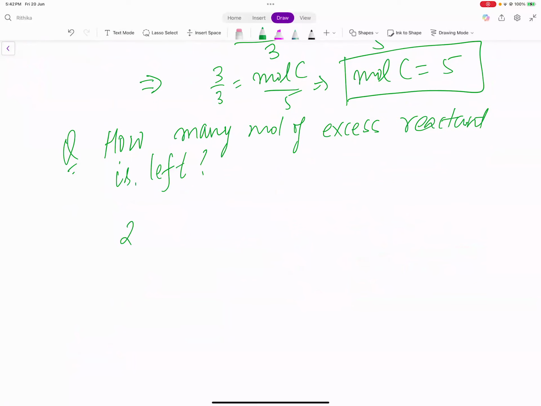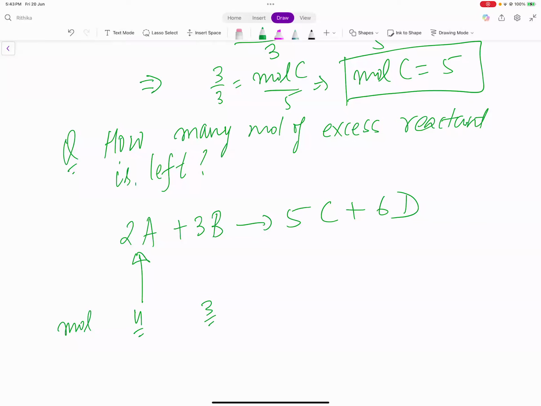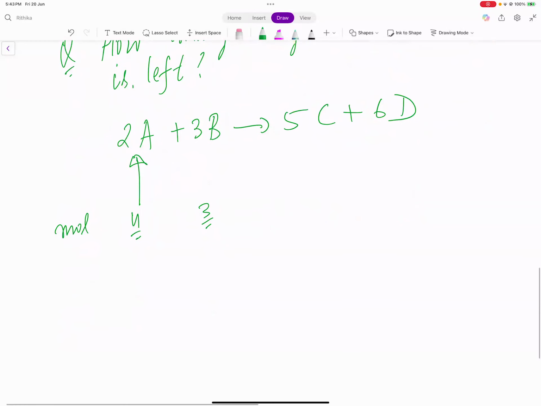So I think it was 2A plus 3B gives 5C plus 6D, right? And all of these moles have not reacted, right? Because A had 4 moles, right? And B has 3, right? So how will we calculate how many moles of A are left?